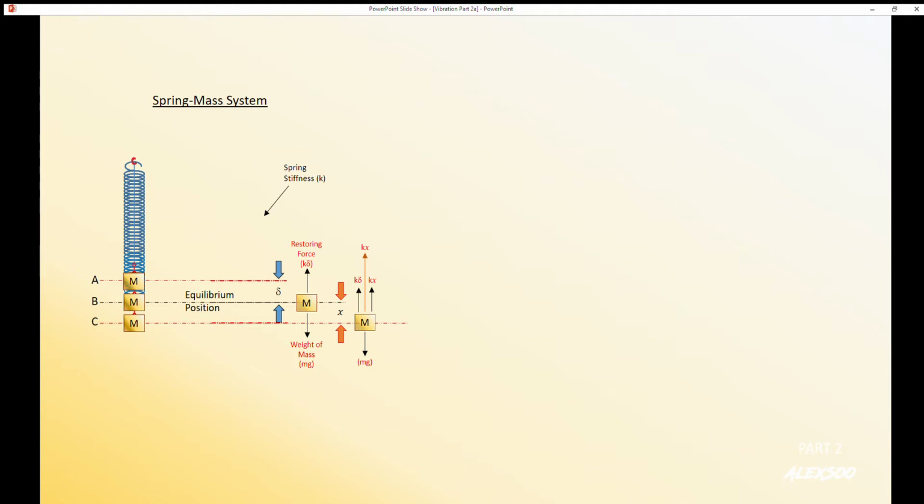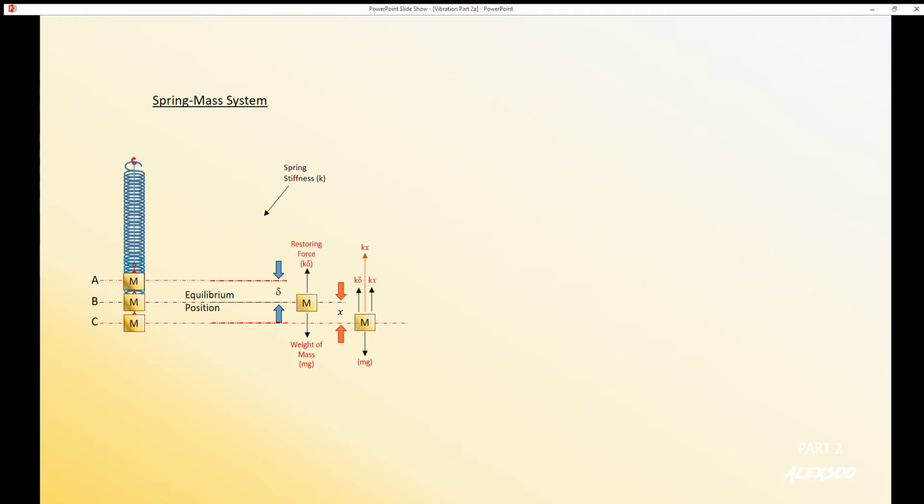And the spring is an elastic material which obeys Hooke's law. So when the mass is being released, the spring will tend to extend by an amount of delta.